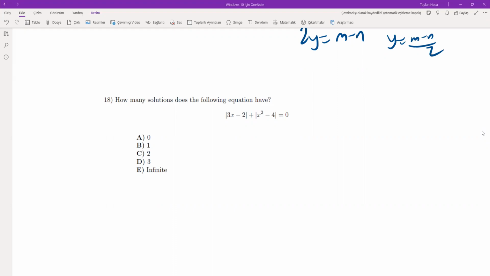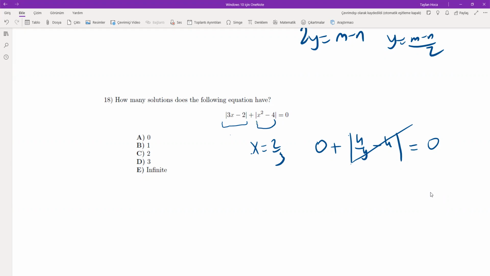Okay, let me change the question. Okay, 2 or 3, good. Let's say x is 2 or 3. The first one is 0, okay. But the second one is something like 4 or 9 minus 4, which is not 0. So please know that you cannot give different x values in a single equation.